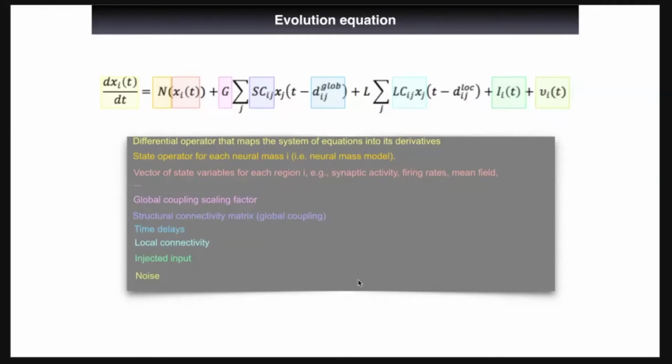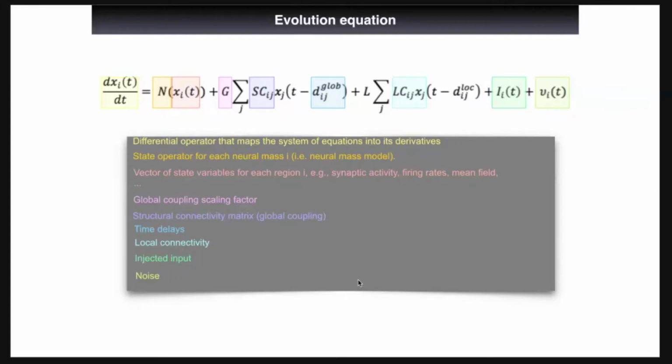Since these are relative values, we also have a scaling factor G that is determined by fitting the model to empirical data that could be, for example, functional connectivity, functional connectivity dynamics, or also individual time series. It's also possible to run surface simulations.